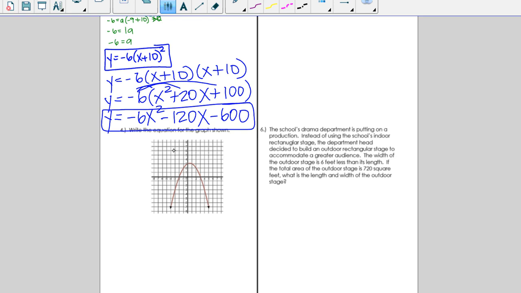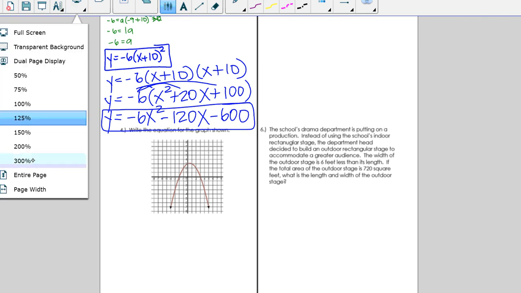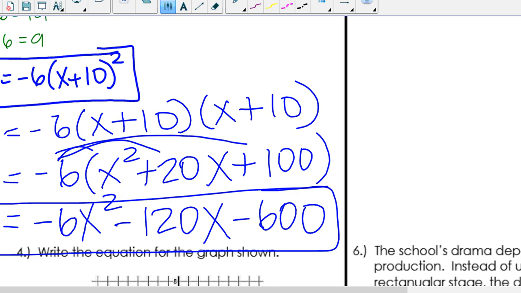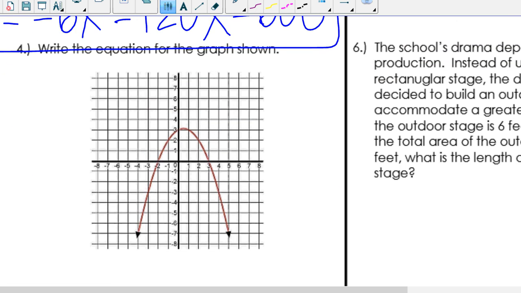Okay, so here, if you look at this graph, I'm going to zoom in on mine a little bit since I have the luxury of doing that, and you can't do that quite on your paper. It's very clear to see that you have an x-intercept here and an x-intercept here. The vertex is a little bit harder to tell because it's not sitting at a pretty point.